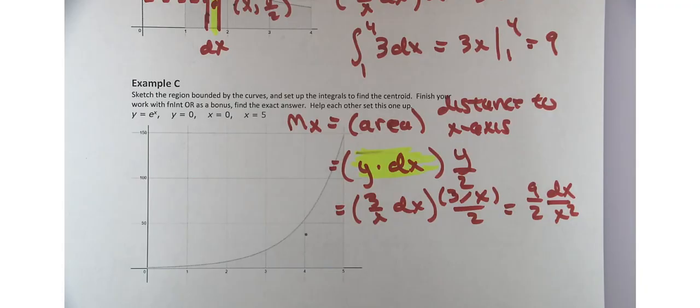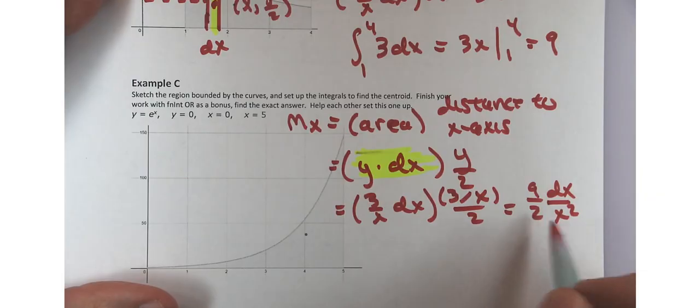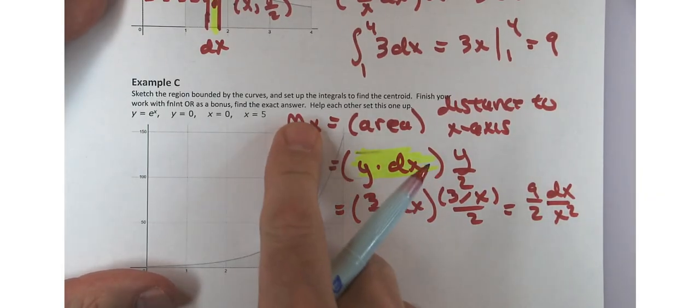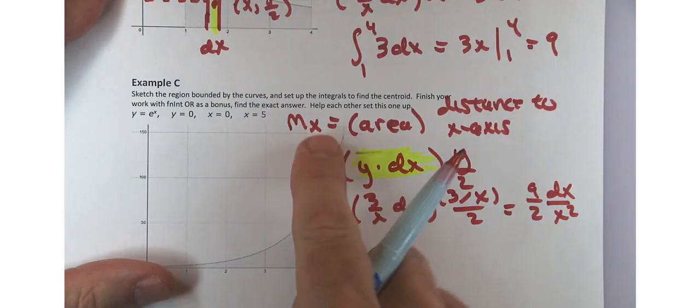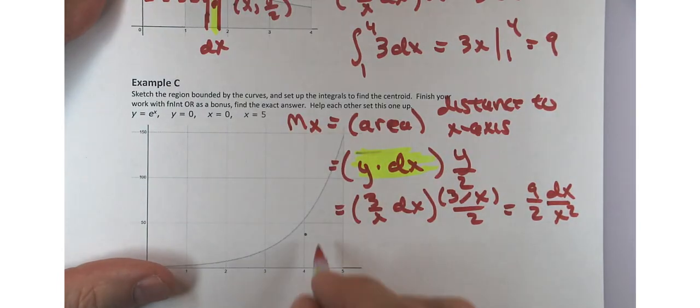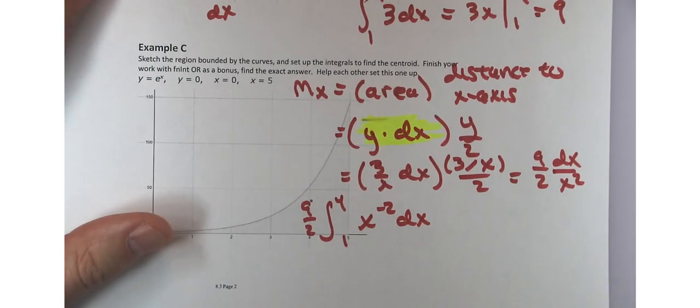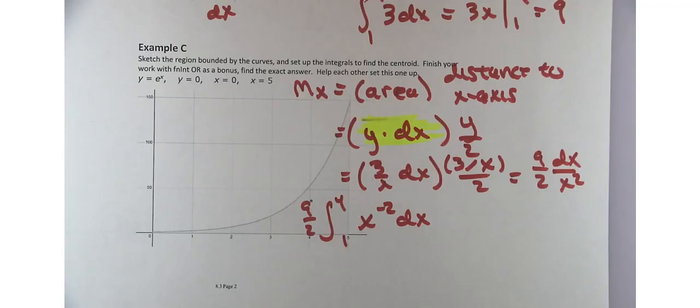All right, let's go a little bit further with this one. Let's find the total rotational force around the x-axis. So that's going to be the integral of 9 halves from 1 to 4. Let's just do x to the negative 2 dx. I'm not sure I feel like fussing with that.